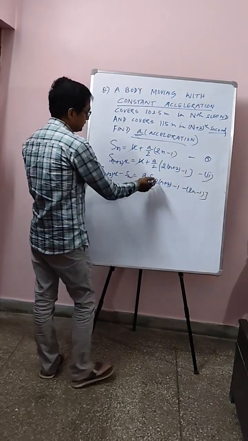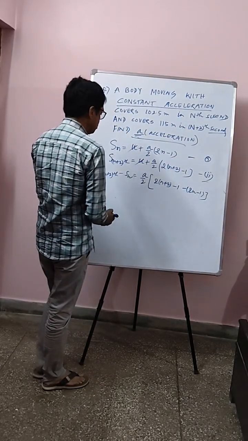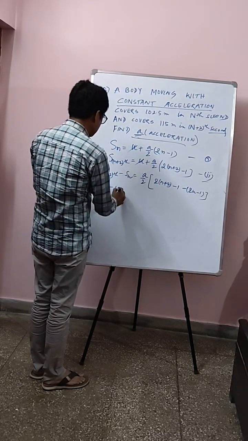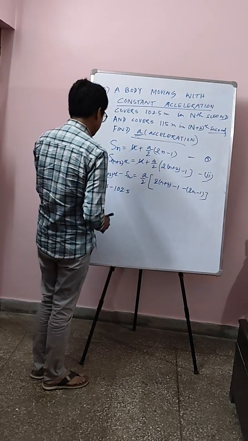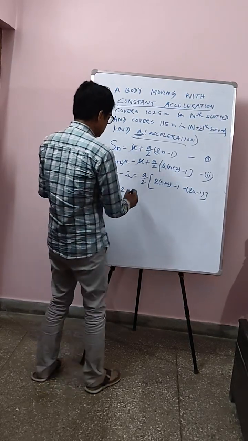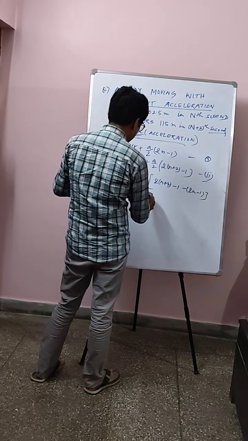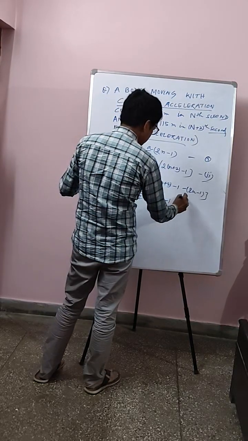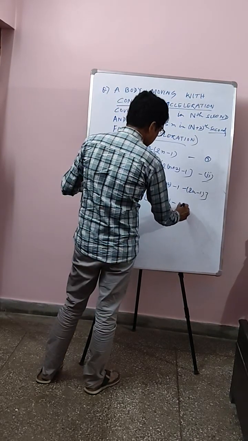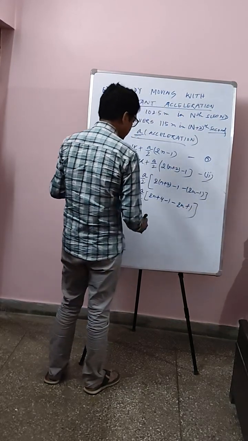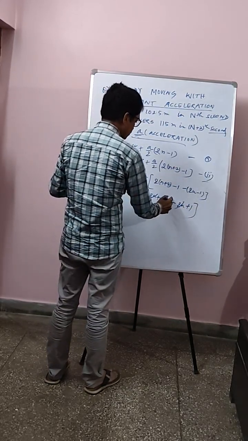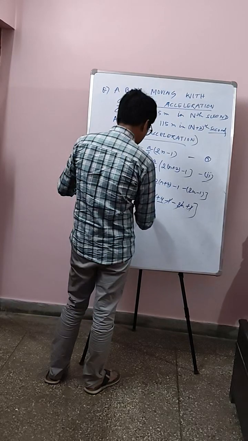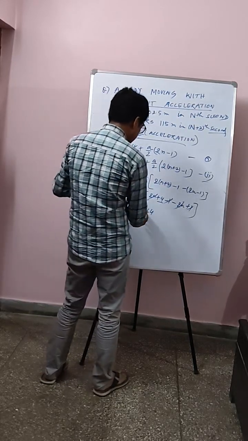Subtracting 1 from 2, this is 115 minus 102.5 equals a upon 2 into 2n plus 4 minus 1 minus 2n plus 1. 2n cancels, 1 cancels, so what is left is 4, equals a by 2 into 4.